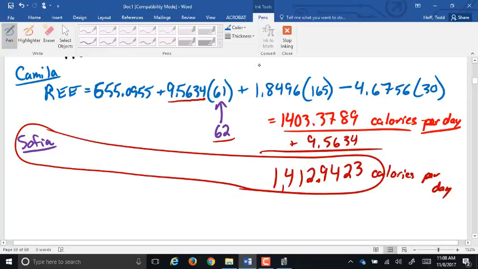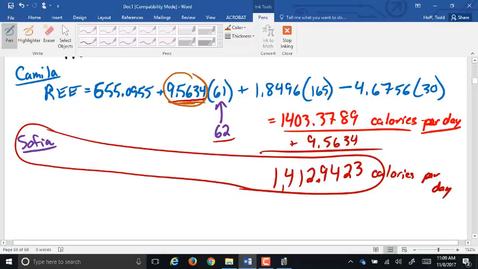Now, that's kind of answering part B there as well. How much higher is Sophia's predicted, and how does this relate to the equation? Well, we actually used the equation to find it. It's just the difference for 1 kilogram in weight is that coefficient for the weight.